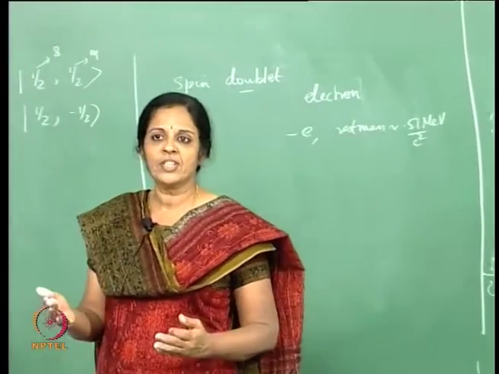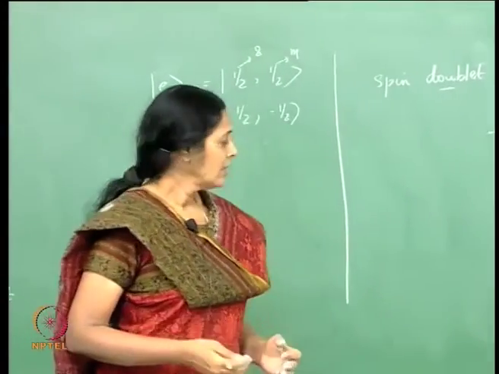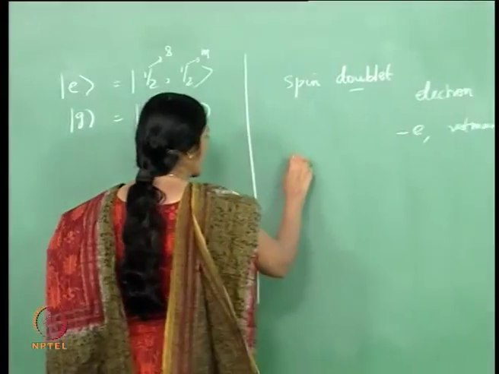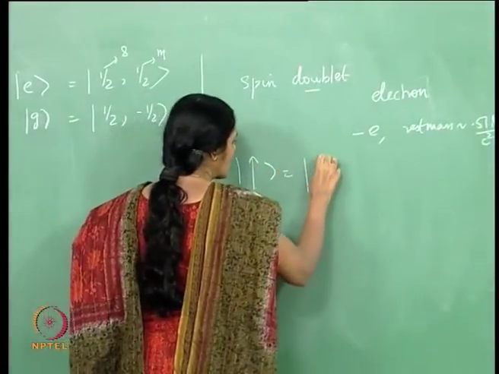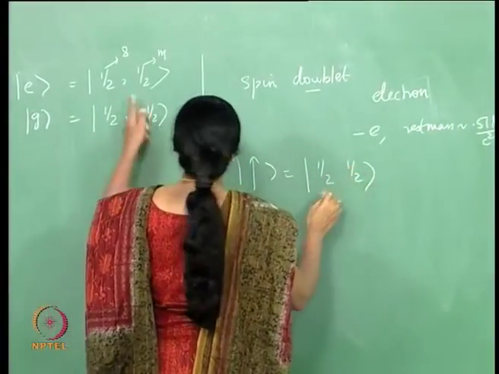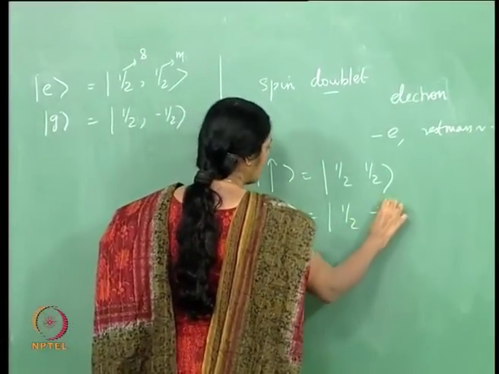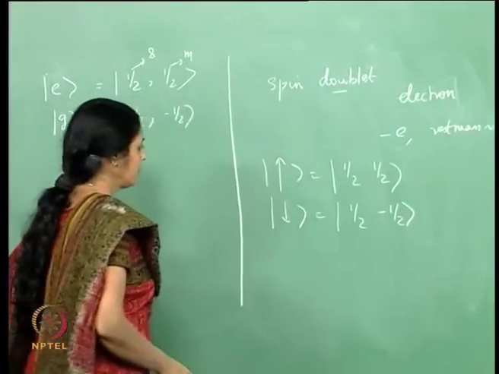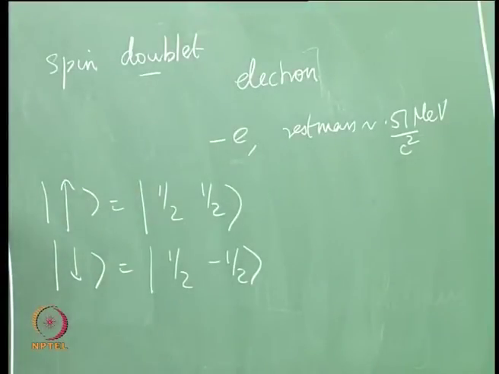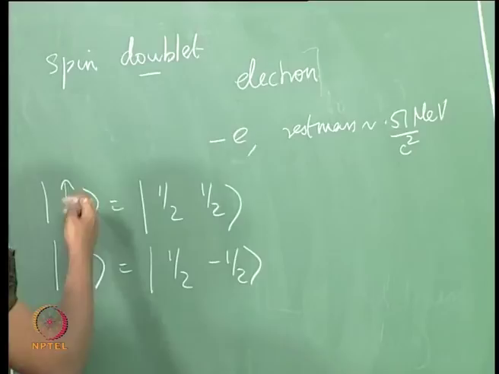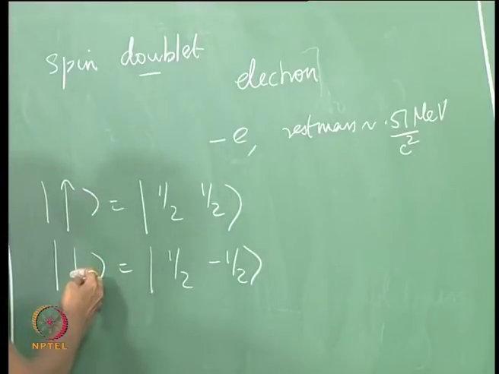Spin is an experimentally measurable quantity. You could call it the up state of the electron, which is the half-half state that I spoke about here, and the down state of the electron, which is the half minus half state. Both these states are spin states of the electron.